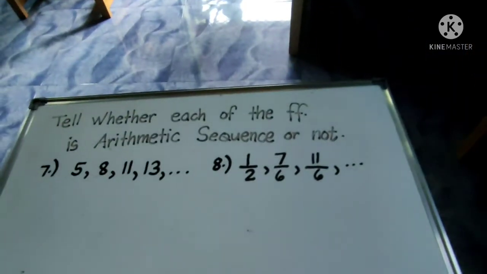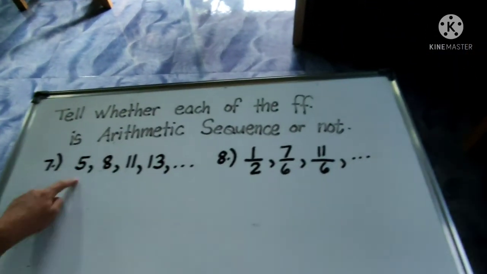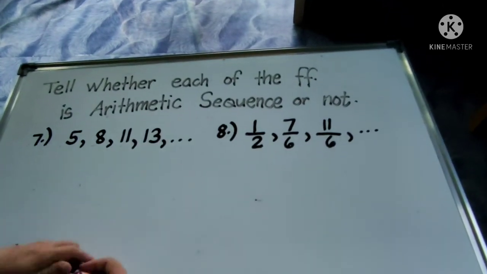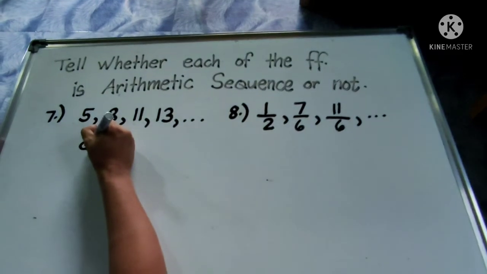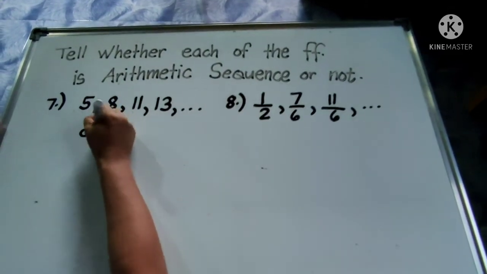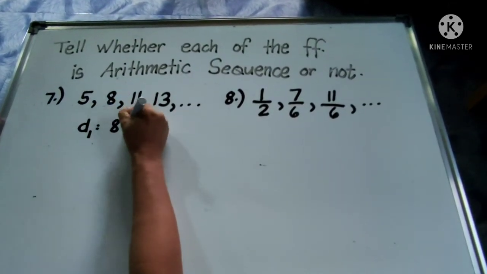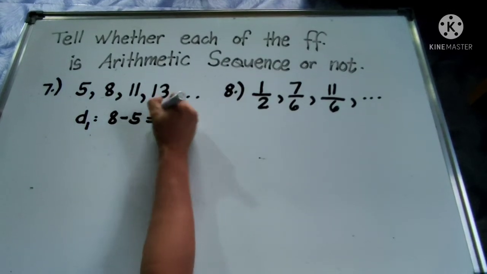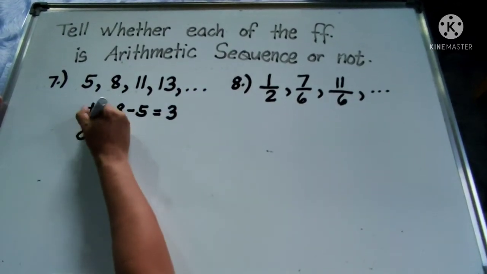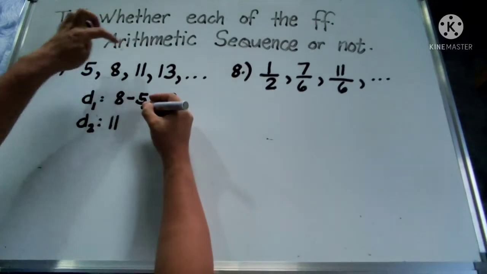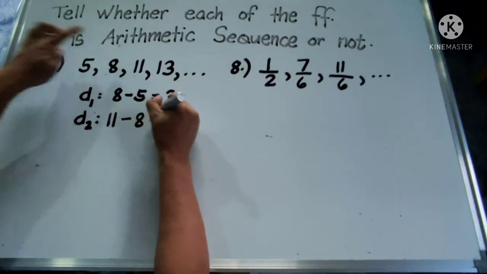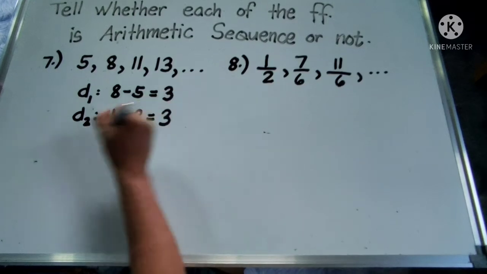To the seventh example, the given is 5, 8, 11, 13, and so on. So we'll get the common difference. We'll get the differences. Our first difference, you'll have 8 minus 5 is 3. Our second difference, you will have 11 minus 8 is equal to 3.